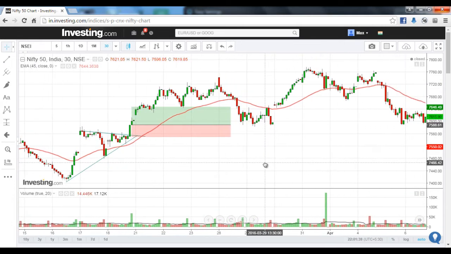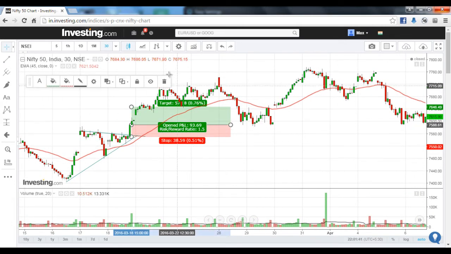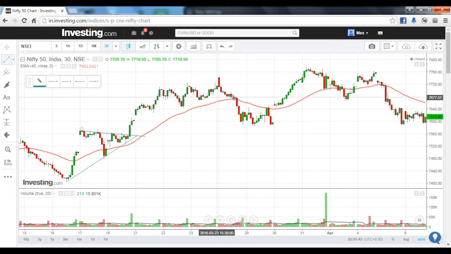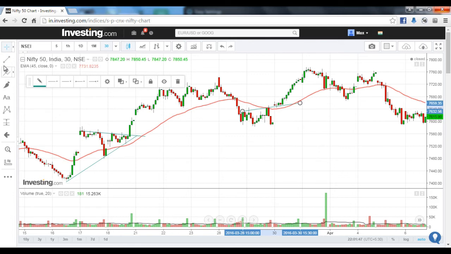Same also applies here. Here again we have a pattern. It broke and price went above the 50-day MA line. So again this is our risk and everything above will be our profit.